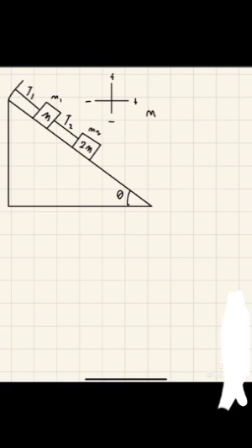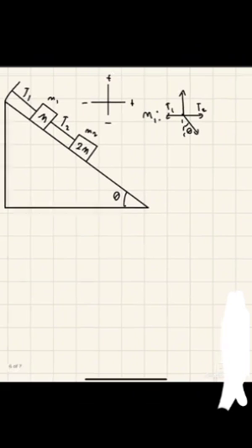We're going to draw our free body diagrams angled at an angle of theta, so it makes it easier for us later. So here we can call this an angle of theta, which will make our T2 just straight to the right and our T1 straight to the left, and a normal force going straight up.